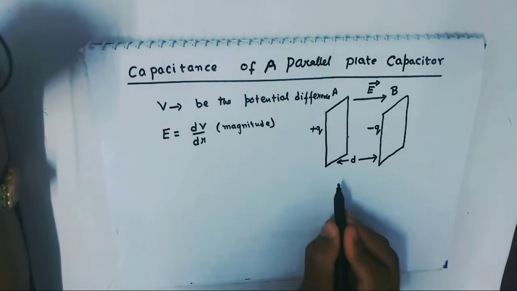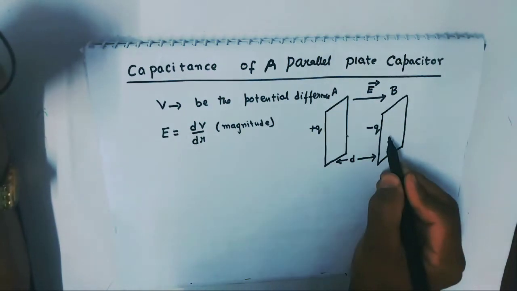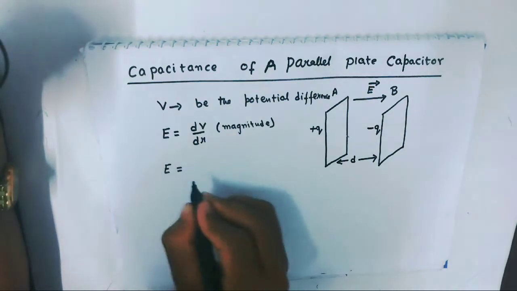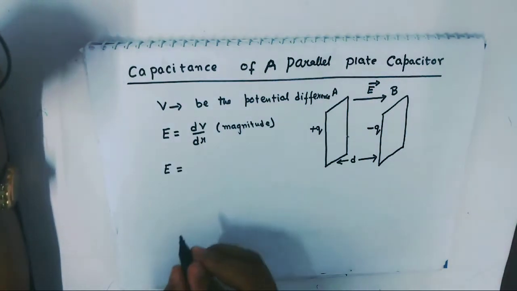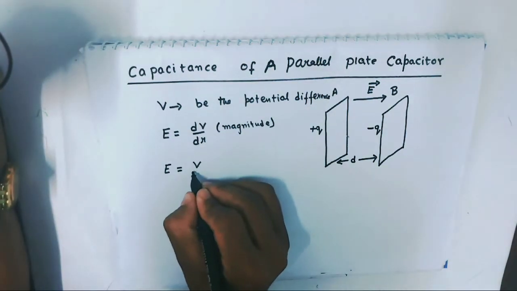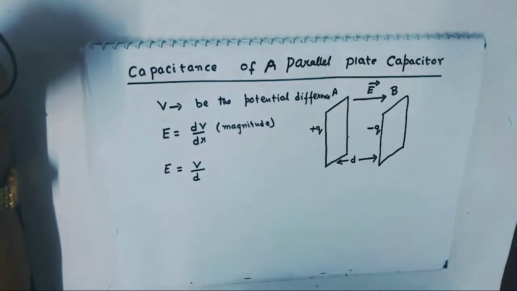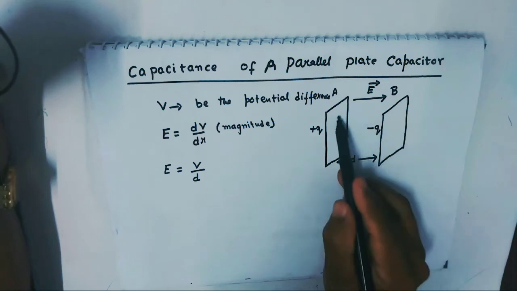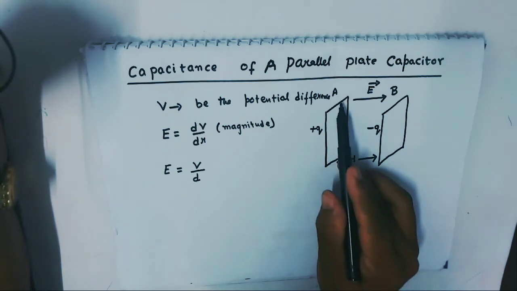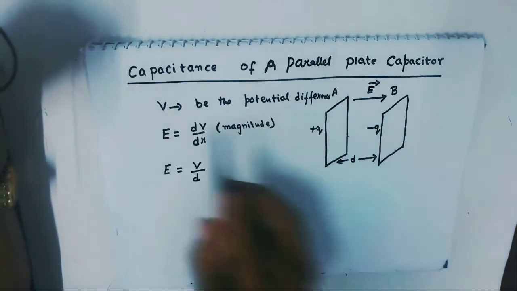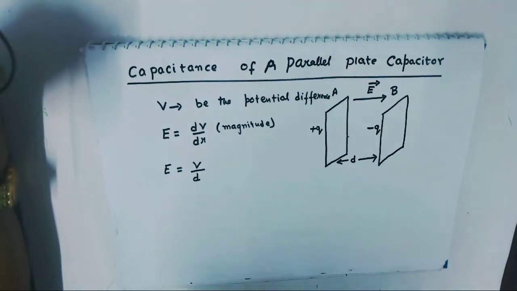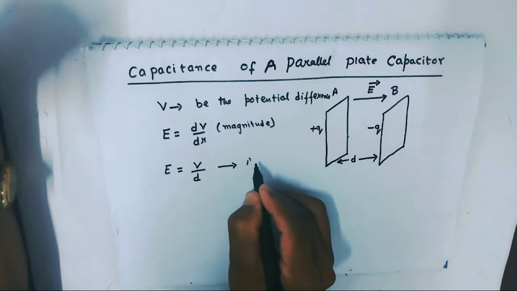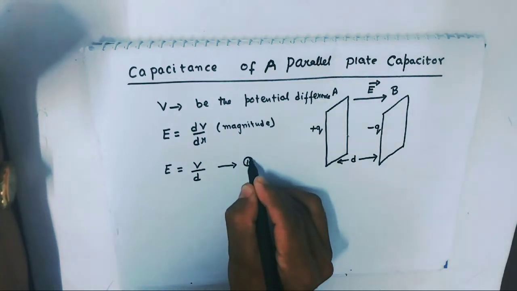So here, if we use this figure, we can write E equal V divided by D. Here the distance between the plates is D, and the difference in potential between plates A and B is V. So therefore we can write E equal V divided by D. This is equation 1.